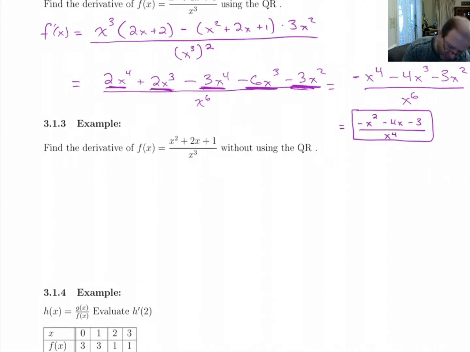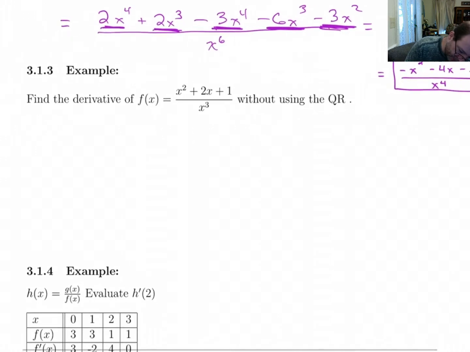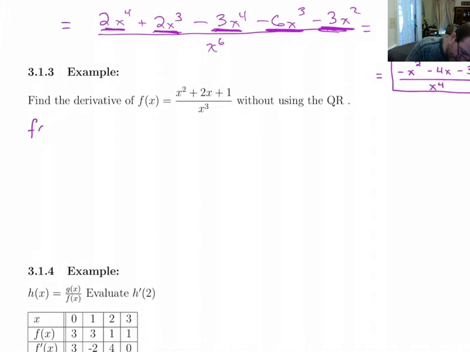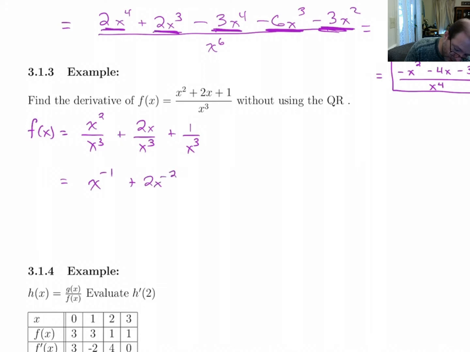Okay, now let's do it without the quotient rule. So I'm going to do a couple of things here. First up, I'm going to rewrite it. F of x is x squared over x cubed plus 2x over x cubed plus 1 over x cubed. And I'm going to rewrite that as x to the negative 1, then 2x to the minus 2, then x to the minus 3.